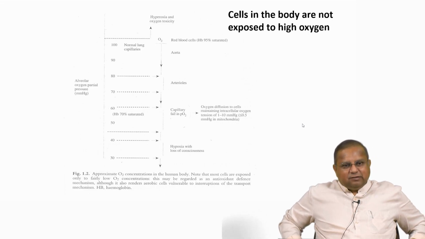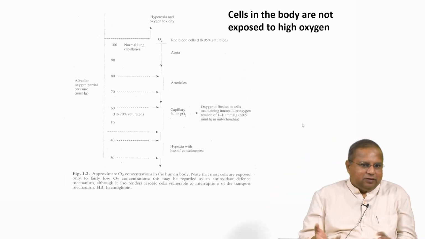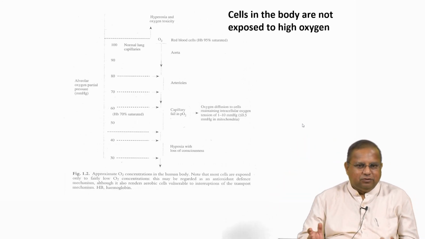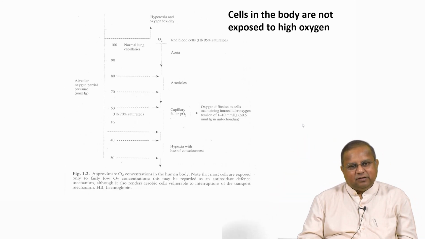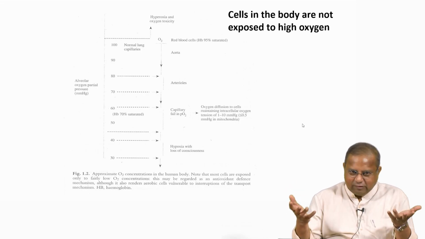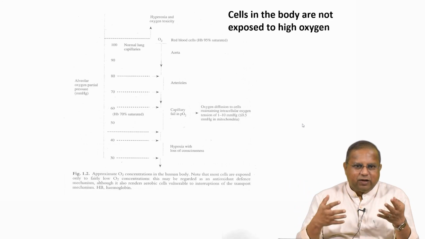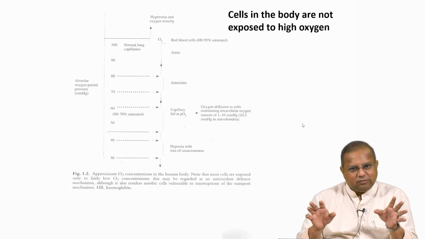Evolution, not us, the initial aerobes. Evolutionary process, you know how natural selection takes place. That is, oxygen came in, the cells that were unable to handle oxygen died out.